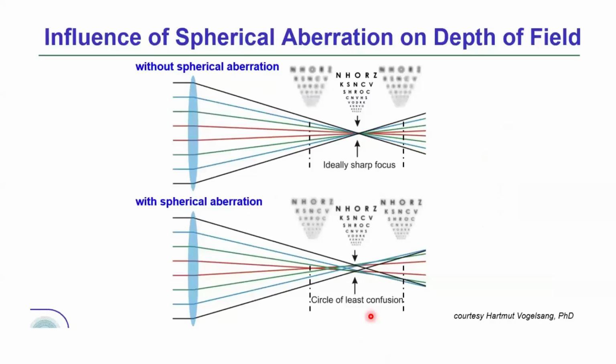Like I mentioned before, spherical aberration helps us in the depth of field. Essentially, it is just the circle of least confusion, creating a slight blur and telling our brain to adjust for that.